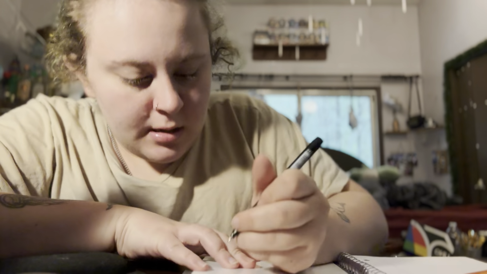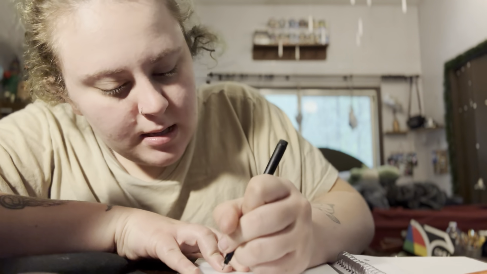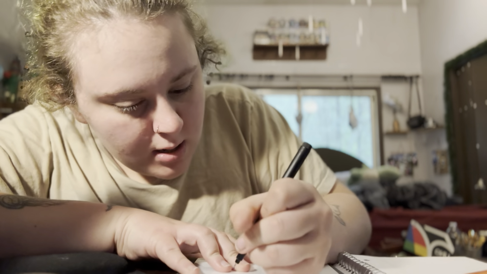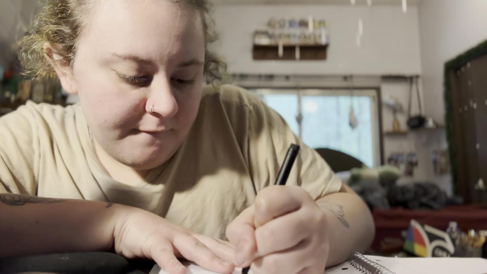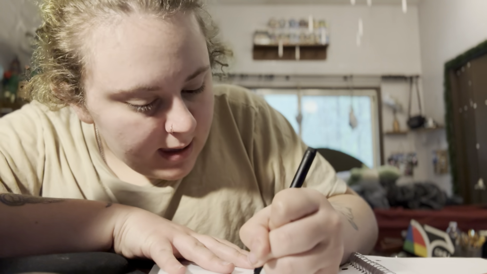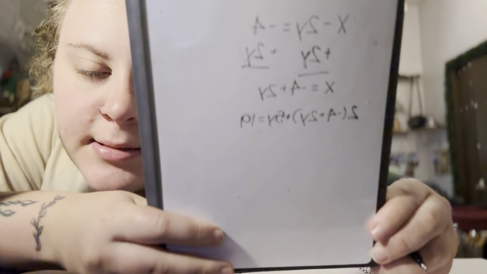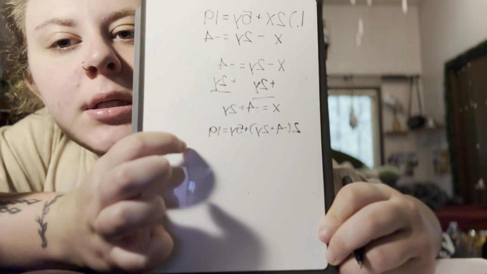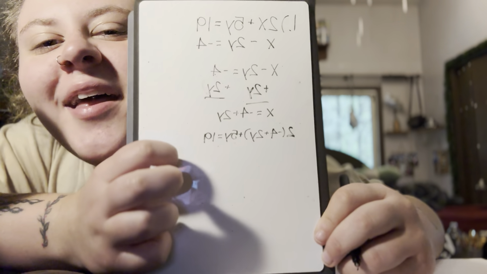To plug it in, we're just going to do 2 and then parentheses negative 4 plus 2y, and then plus 5y equals 19. And it's gonna look like this.